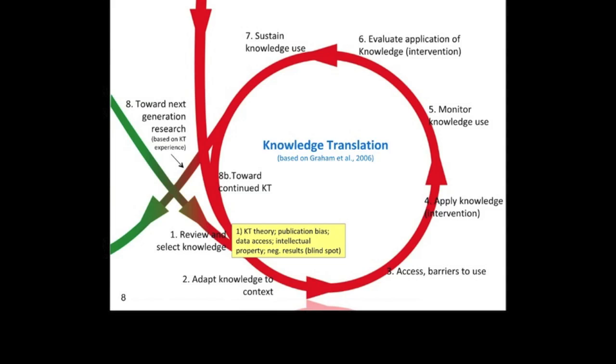What are the biases? Because we are really in a world where positive results are published everywhere. Negative results are very, very hard to find. What is the access to the data? Intellectual property and other issues related to that.